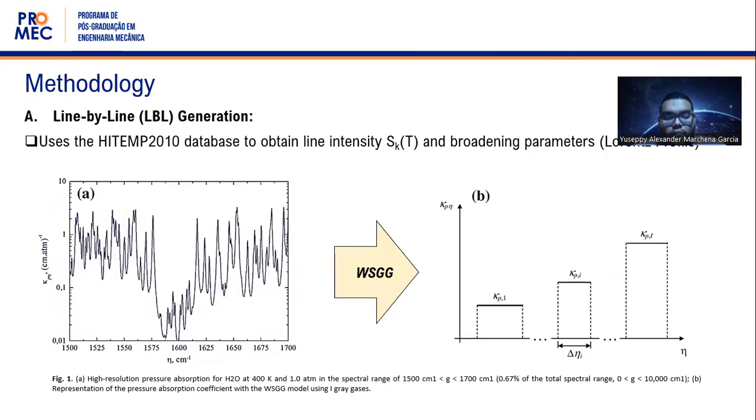We are going to talk about the spectral model. First, we have the generation of spectral lines. The radiation in participating gases originates from vibration-rotation transitions, whose spectral lines are described by Lorentz profiles.